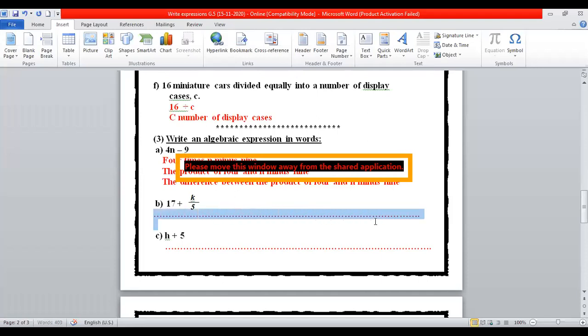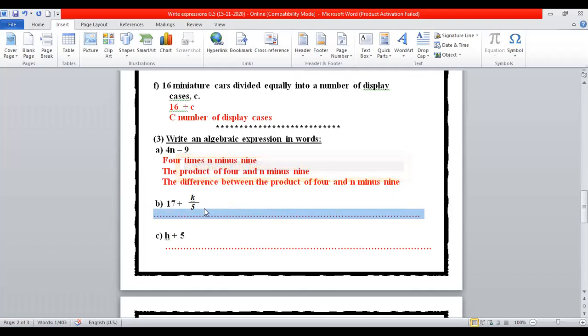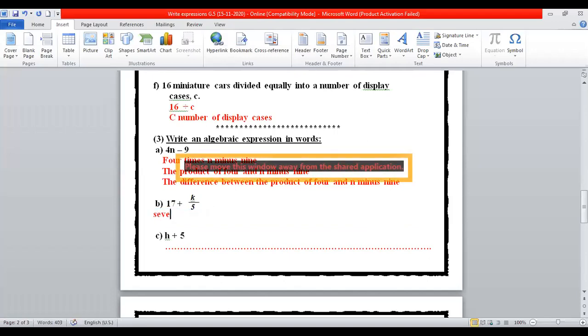Who can write it? 17 plus k over 5. Firstly, what is the meaning of k over 5? K over 5. Divide. Yes, divide. Good. You can write it this way: 17 plus the quotient.